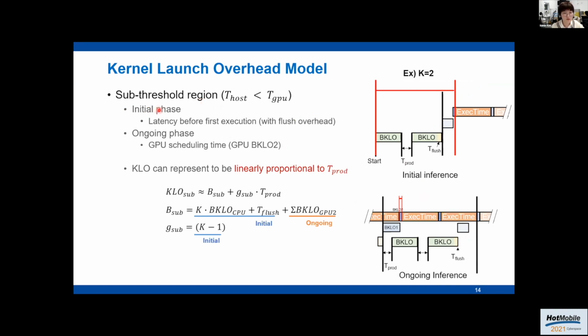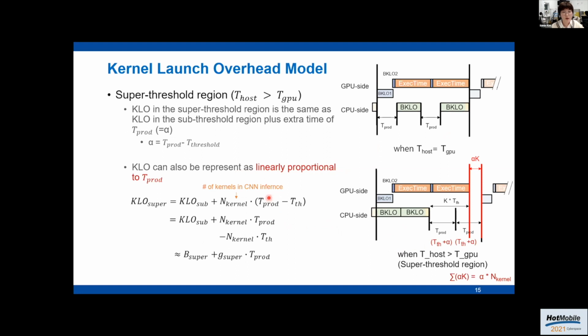It is in turn divided into two phases. In the initial phase, the host includes k kernels and calls the shell flush. In the ongoing phase, as thost is less than tGPU, other overheads except GPU base clock 2 are all hidden by GPU execution time. Thus, it can be represented as linearly proportional to tcur.